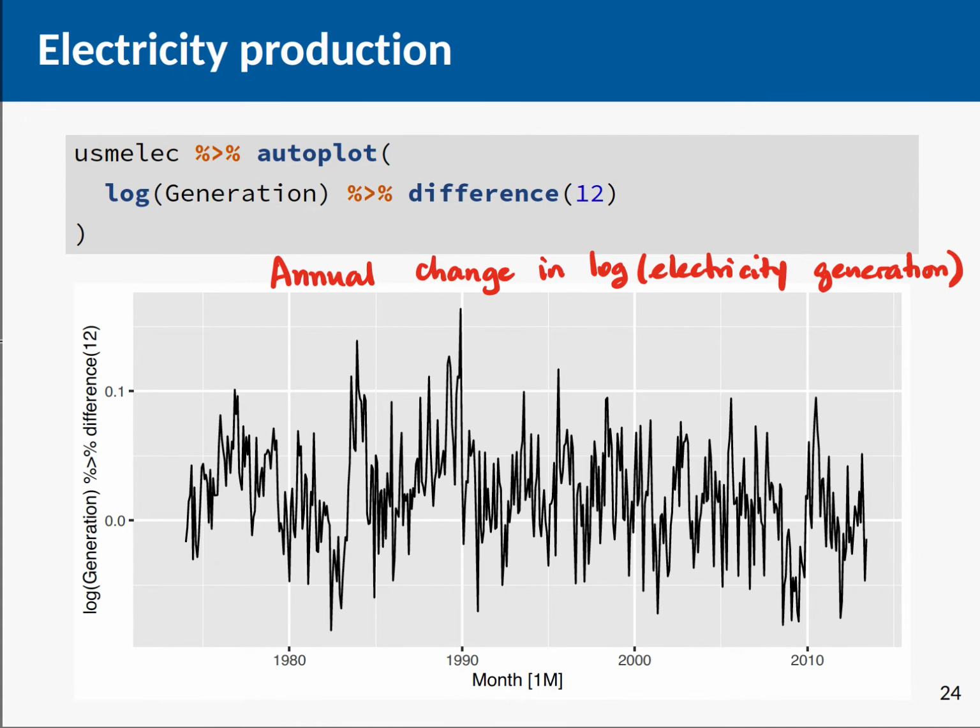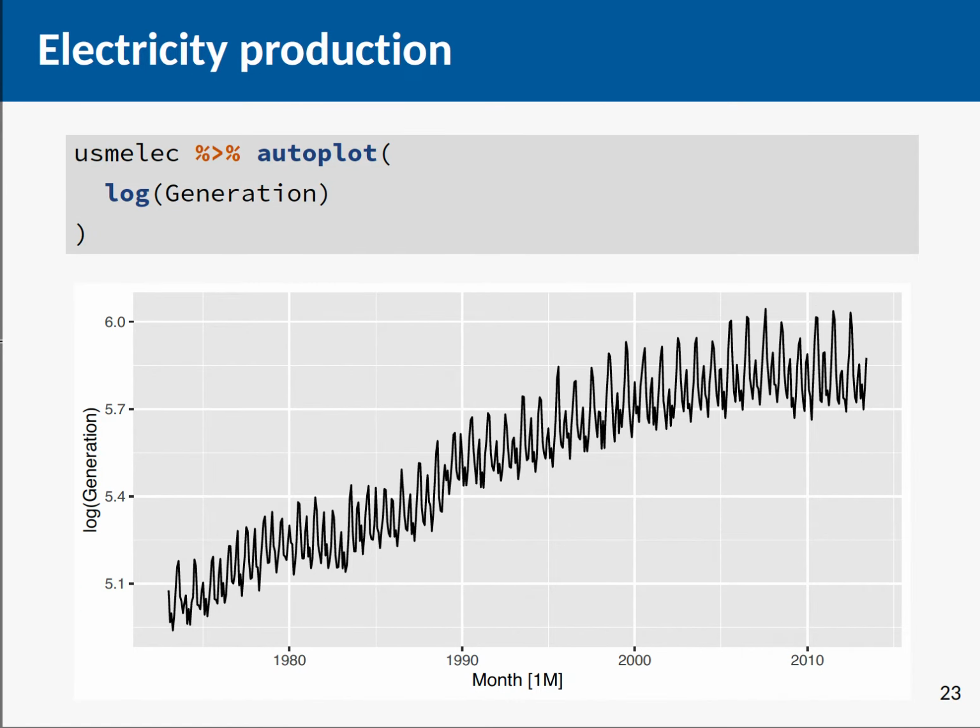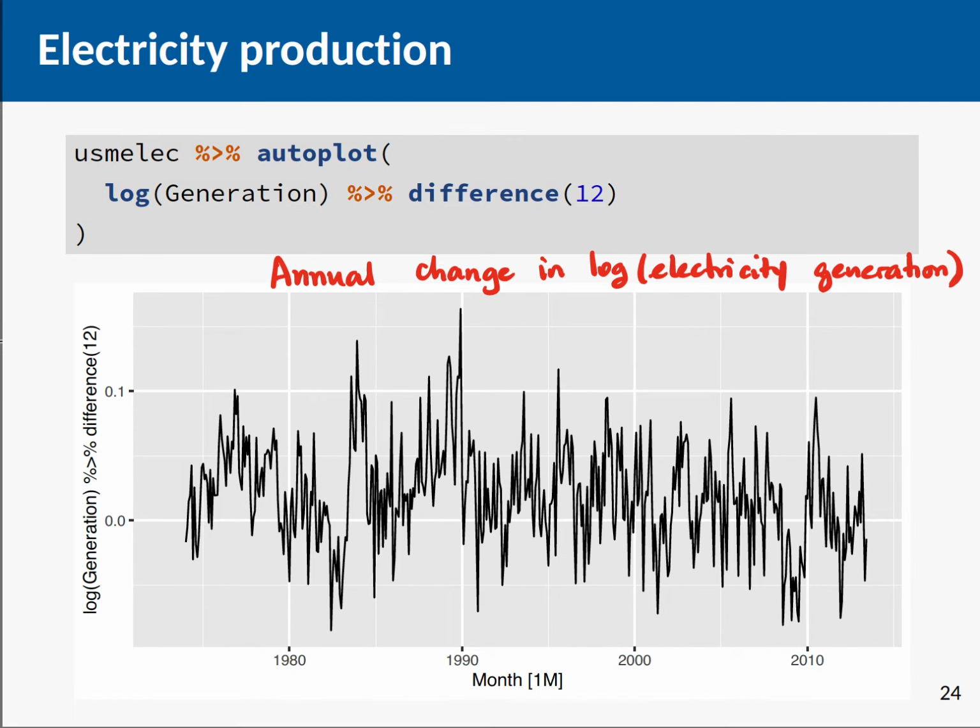Now, if we were to difference the time series, so if you want to go from this to making the series roughly horizontal, because this is monthly data, then we can difference the time series in such a way. So we can take the log, and then we can difference the time series using the difference command.